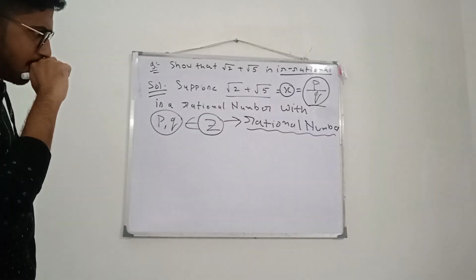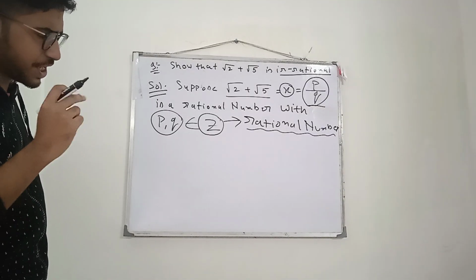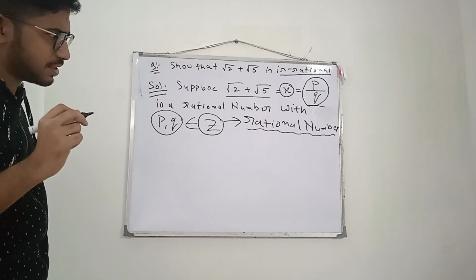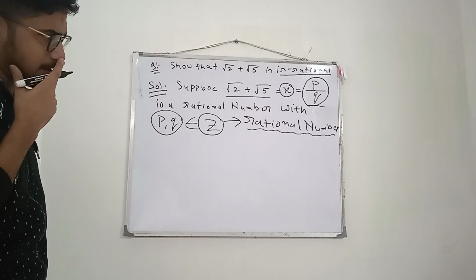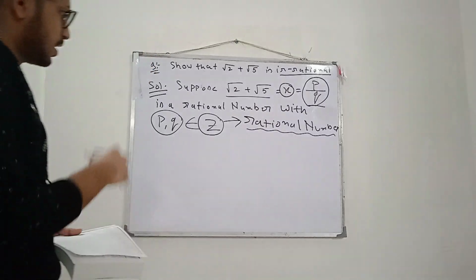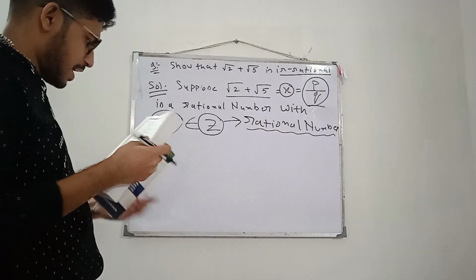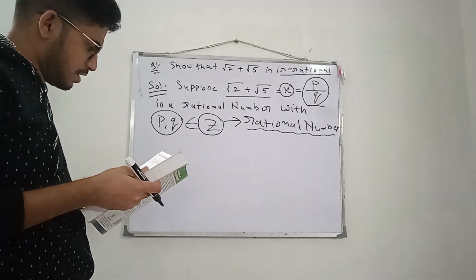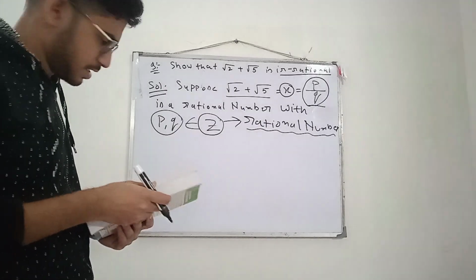When two rational numbers are in a dividing position, that means their result is irrational. I don't know, so let's go to the next line, then we can understand what they're actually trying to say.